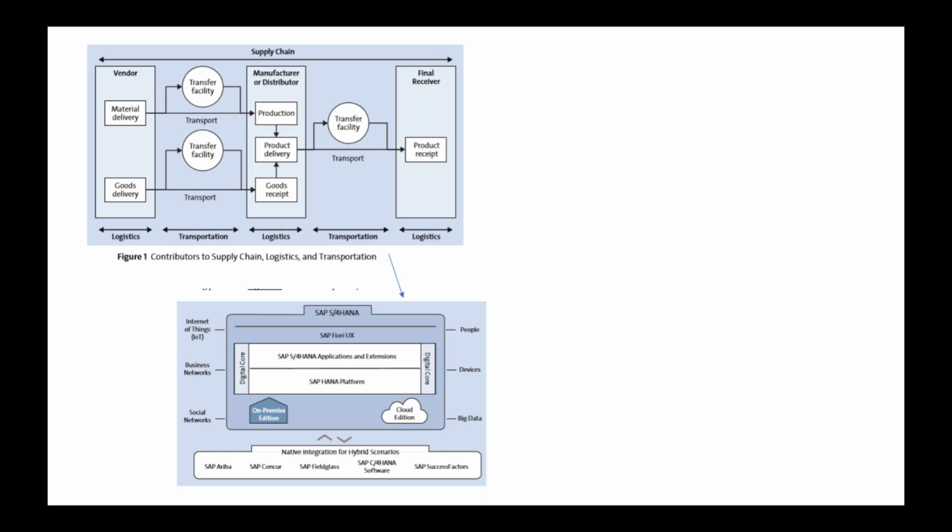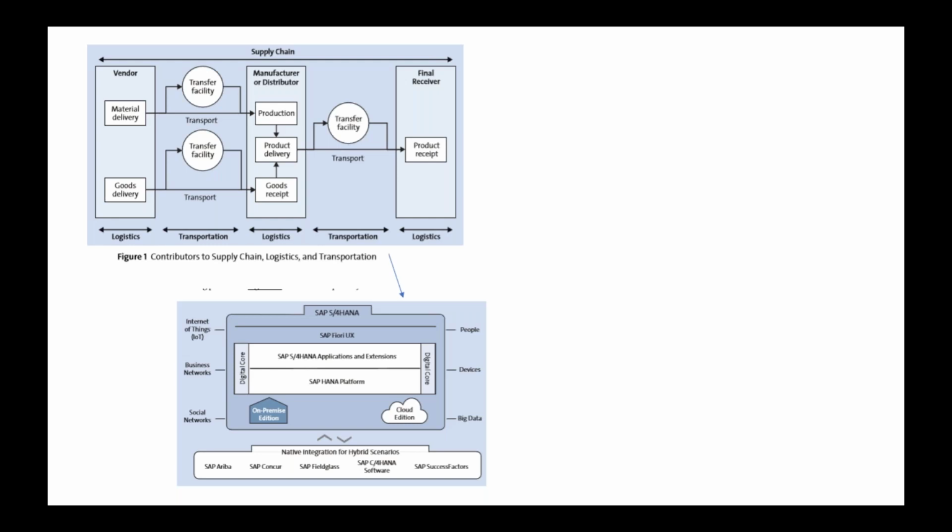If you see my particular process flow, the first figure shows the different components of your supply chain process. Just as an example, I have spoken here about the inbound process, where the vendor delivers the materials or goods to a manufacturer or distributor, which then transports the goods to a production plant.